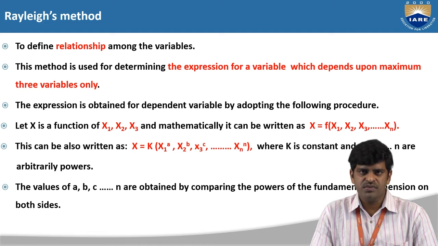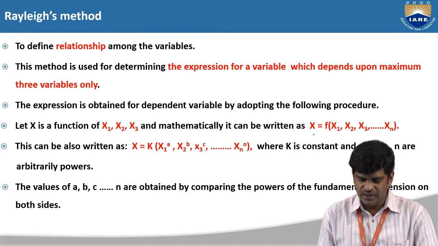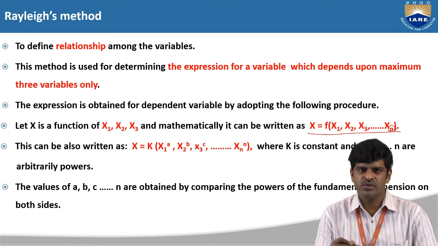Let us assume that x is a function of variables x1, x2, x3, and so on. Among these variables, we need to identify what is the dependent variable and what is the independent variable. Then we write x is equal to a function of x1, x2, x3 and so on up to xn, where n is the number of variables given in your question.